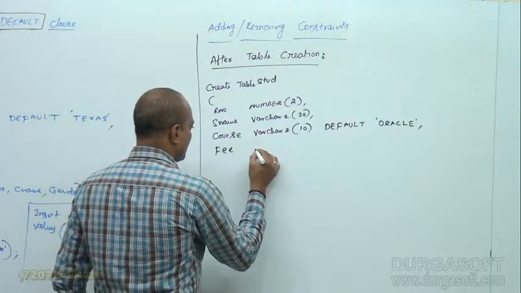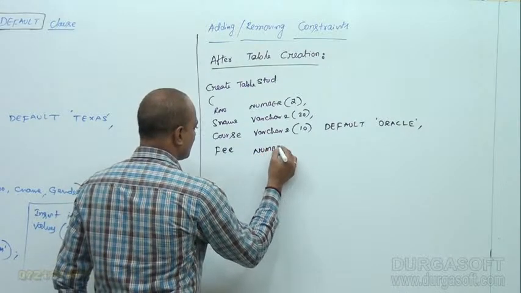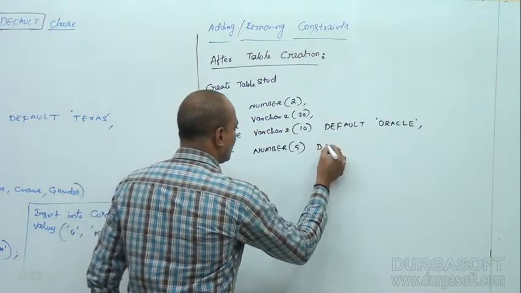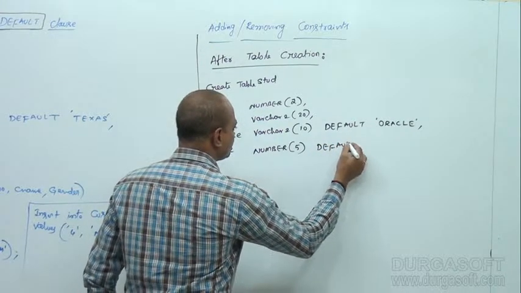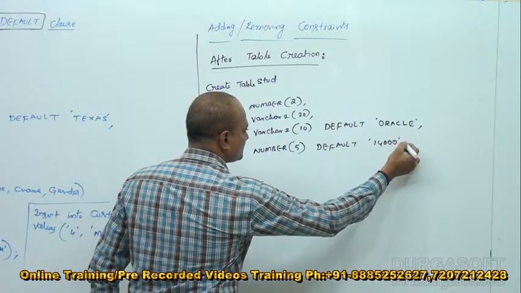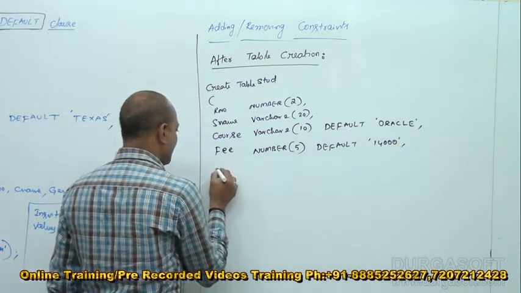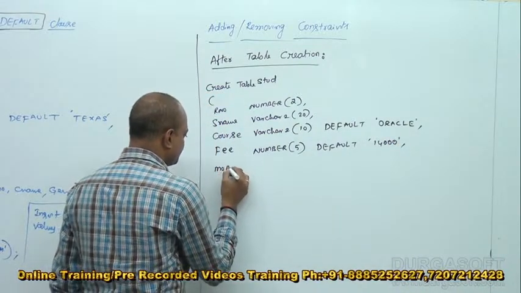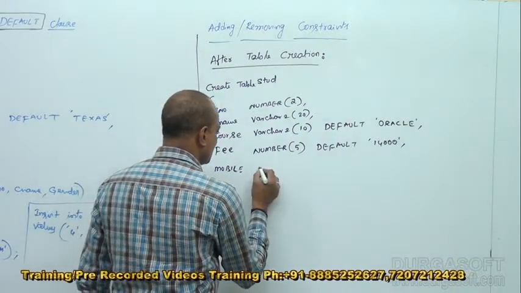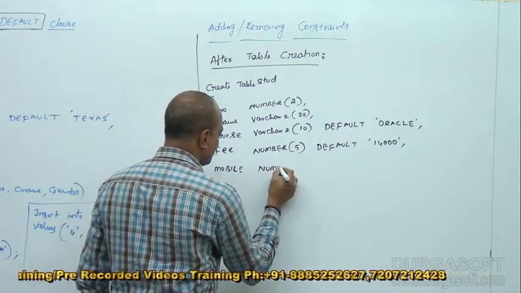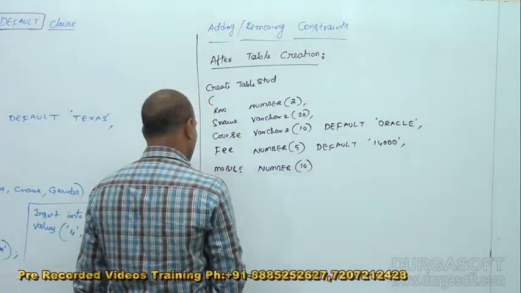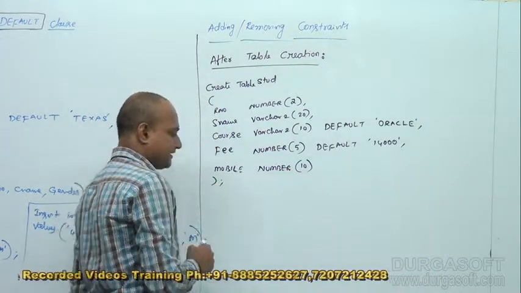Fee is a number of 5, and the default value is 14,000. And mobile number is a number of 10. The table was created.